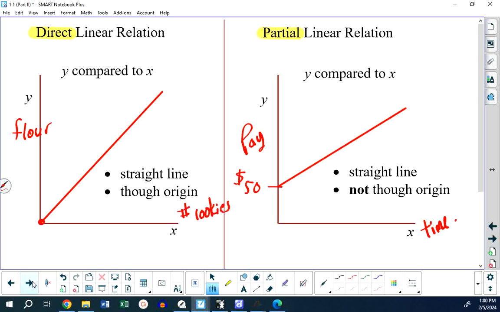Because the amount of flour you use depends on how many cookies you make. If I decide to make 50 cookies, I use a certain amount. It depends on the number of cookies. So this is at 0, 50. This is at 0, 0.